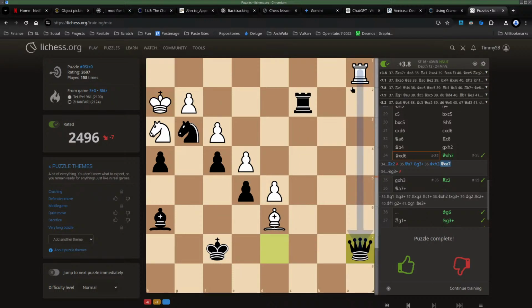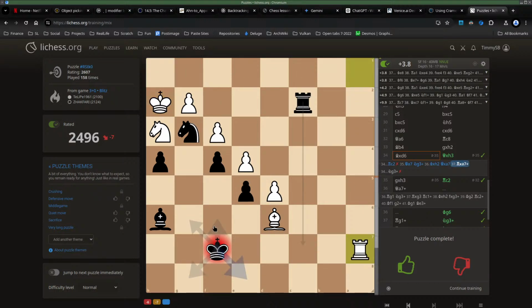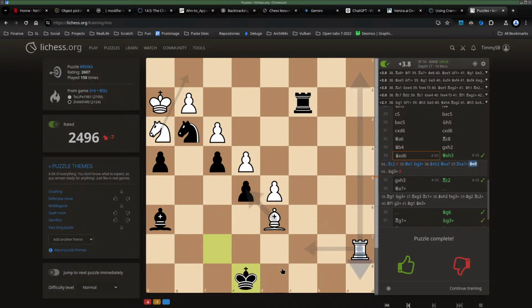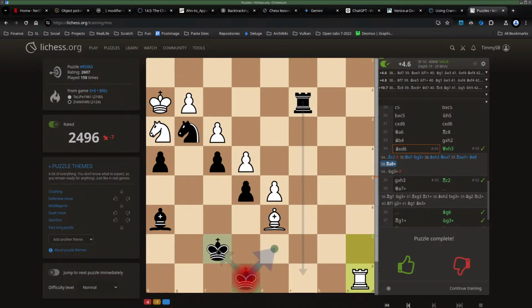You have to take here. Extremely unclear why black is better here. Extremely unclear. Why the hell is black better here? Tell me.